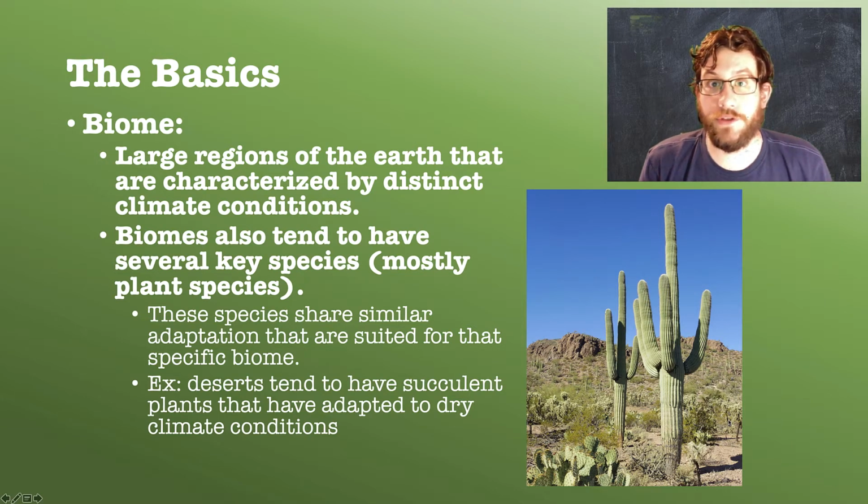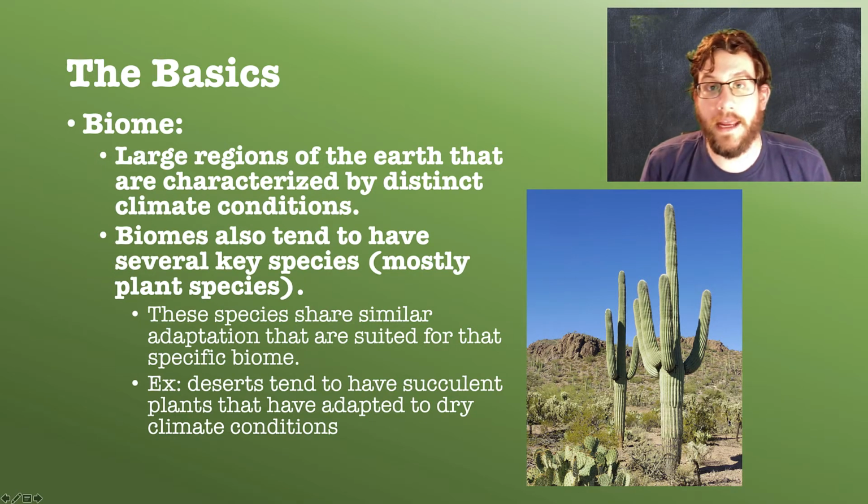Now, animals also follow the same thing, but for biomes, we concern ourselves almost exclusively with plants because plants form the basis of any ecosystem and any food pyramid. So plants are king. The more plants you have in general, the more biodiverse your ecosystem will be.